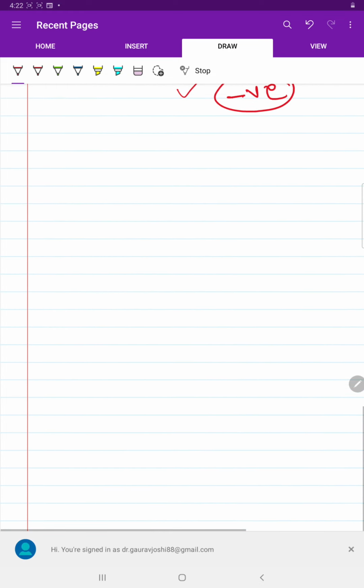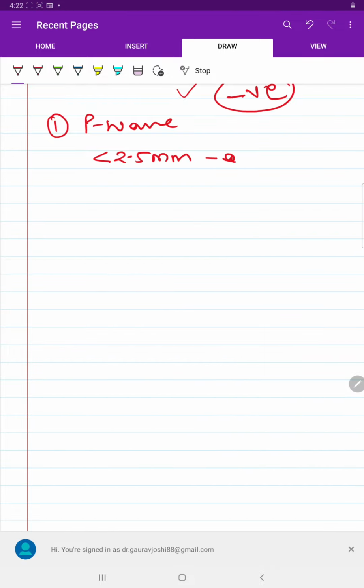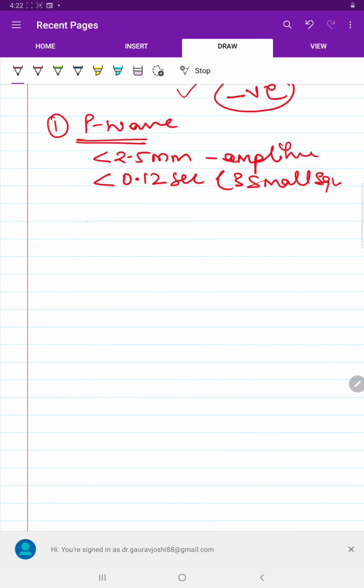Now coming towards the P waves, I will discuss very small values so you will be comfortable. I will not go into that diagram. Just remember the P wave: the amplitude must be less than 2.5 mm and the duration less than 0.12 second, that is 3 small squares. Whenever you see the P wave, it must not be more than 3 small squares.